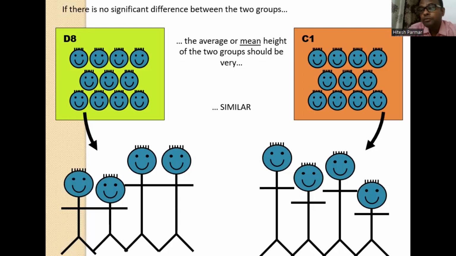So how many groups are we comparing? Yes, we are comparing two groups. So always remember that whenever you want to compare two groups, at that time t-test will be applicable, number one. And what we are comparing here is the height of the children.